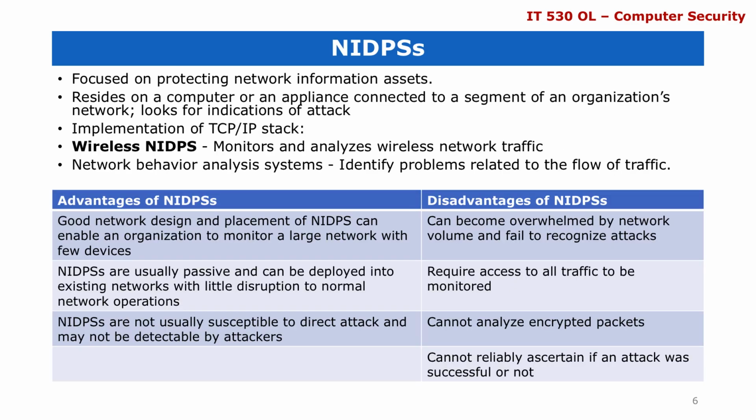Looking at the network intrusion detection and prevention systems in depth, as we mentioned, NIDPS only focuses on protecting network information assets, so it works entirely on a network scale. And we can have multiple types of network intrusion detection and prevention systems, starting with one on a wireless level.